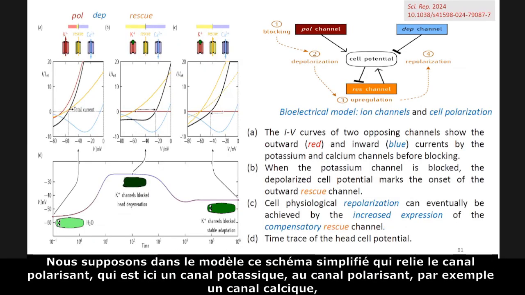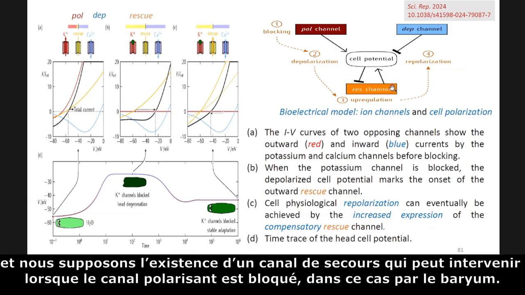We assume in the model this simplified scheme that connects the polarizing channel, which is a potassium channel here, a depolarizing channel, for instance, a calcium channel, and an assumed rescue channel that can enter when the polarizing channel is blocked by, in this case, the barium.